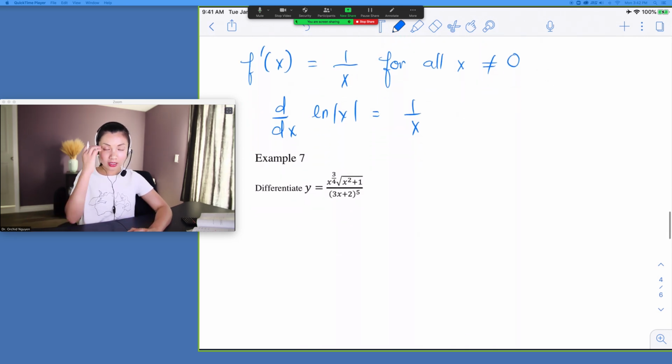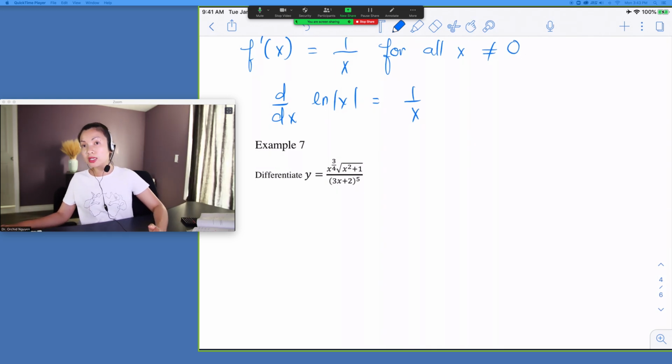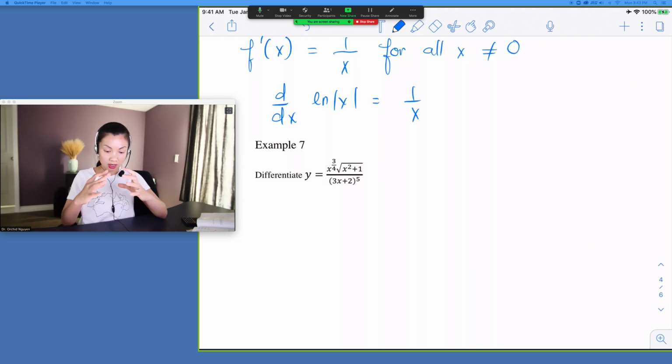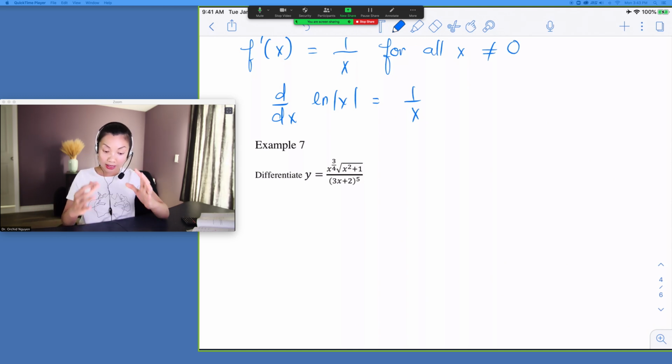Anyway, look at example 7. It's really, really messy. So what we need for number 7 is we have to do implicit differentiation, and we have to apply the log function because you see right here, it's just way too messy. Okay, so what do I mean by apply log?